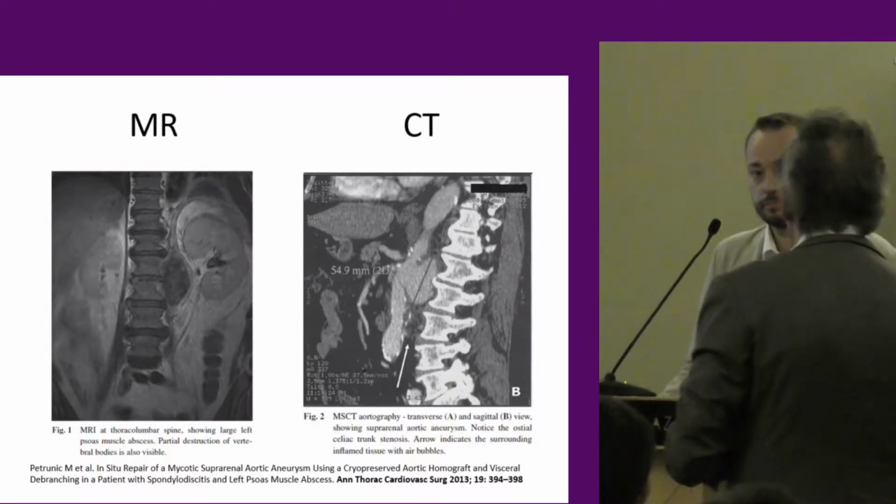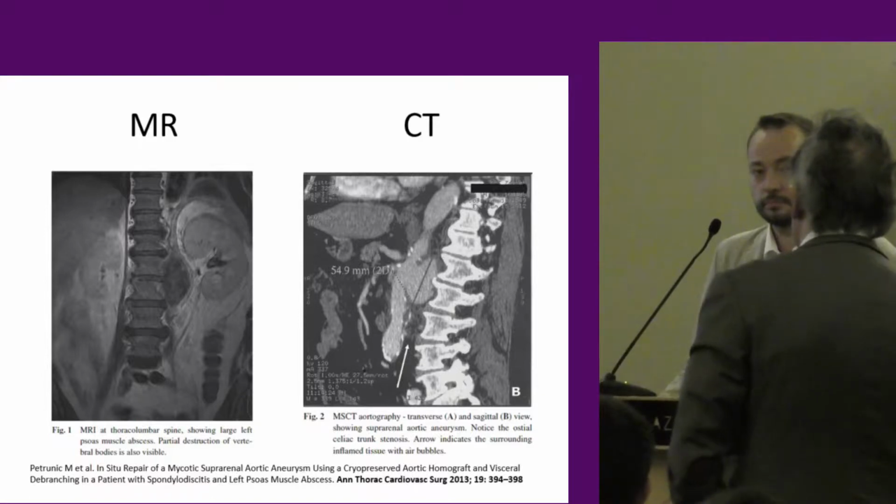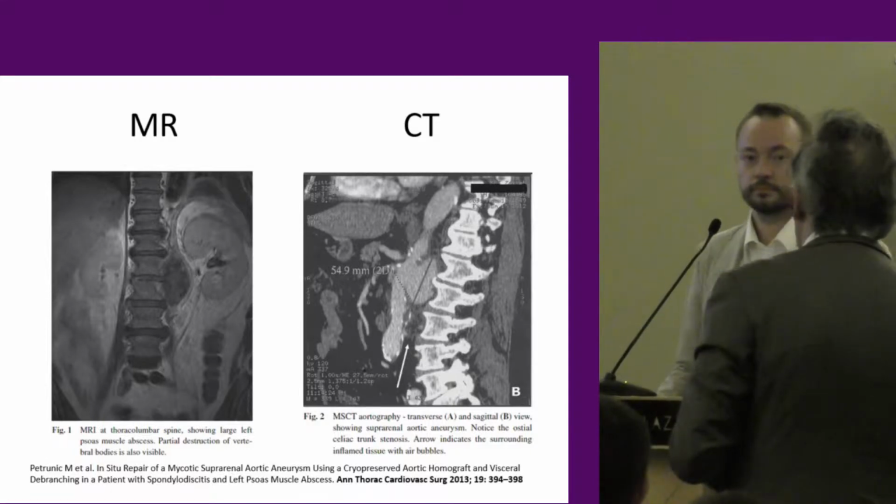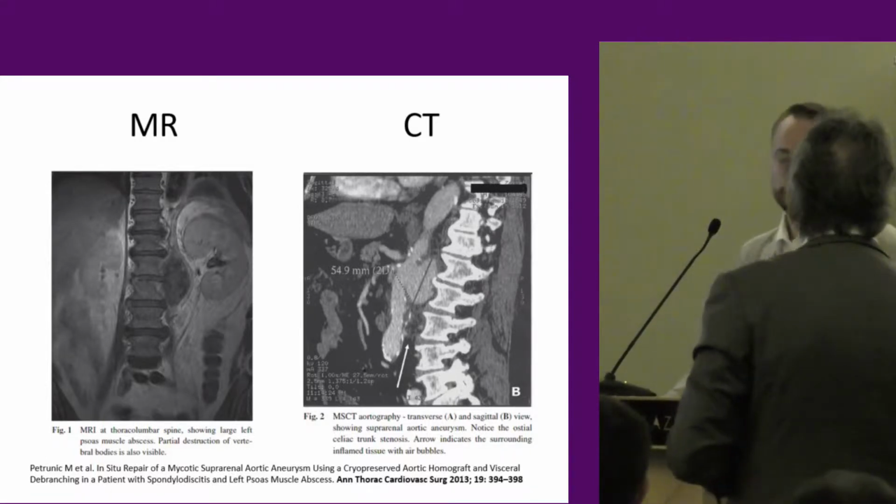So you stop using homograft, and now I use silver Dacron and antibiotics to replace this. And I treat this situation like a typical type 4 aneurysm.